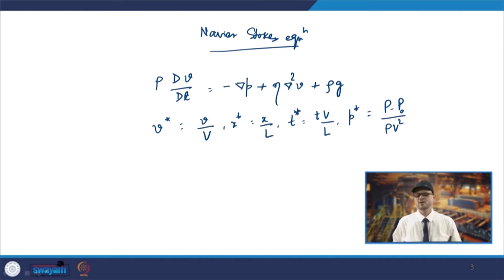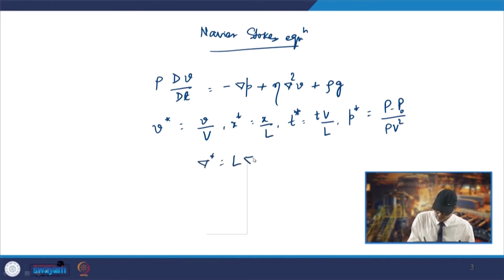So, this is how P star is defined. You define grad star as L into grad, and so grad star square term will also come, which is here. So, that will be L square grad square.